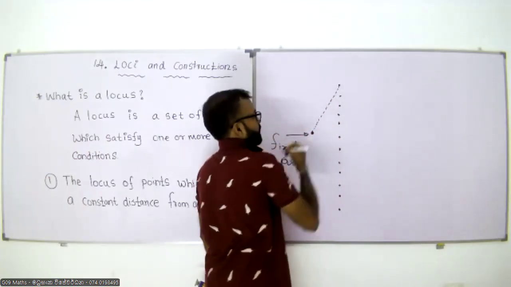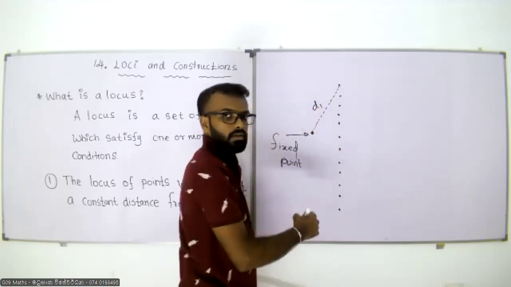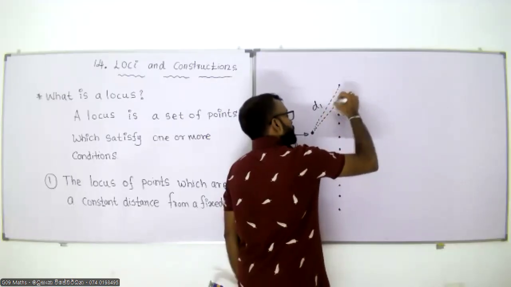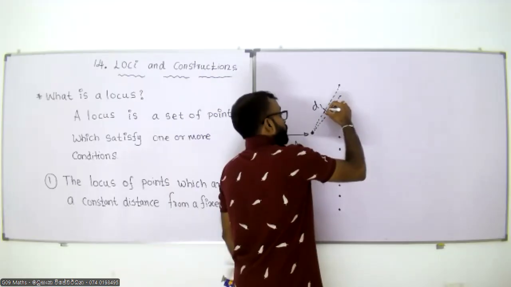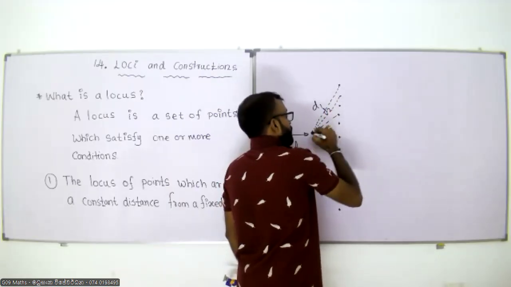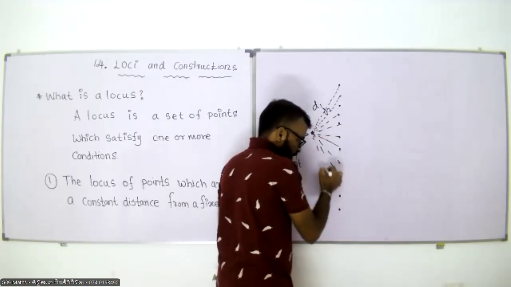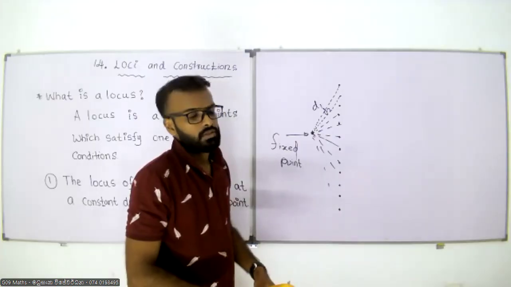From this point to this point is some distance, d1. And when you measure the distance between these two points, it is different, d2. And so on, different distances, not constant.